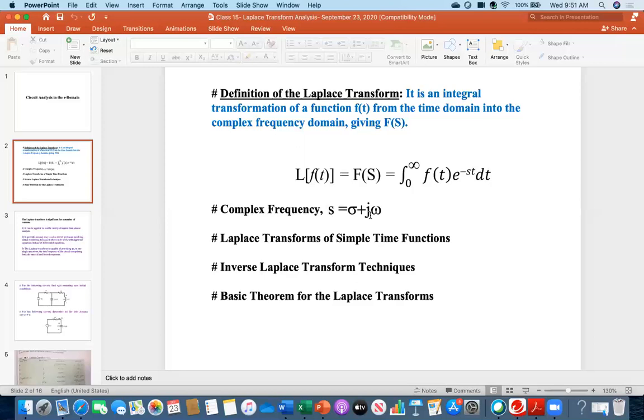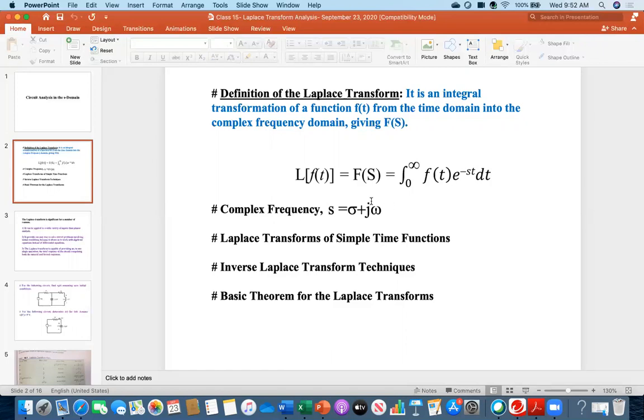Because there is j omega, you can still see that it is the complex frequency. It is called the complex frequency because omega means 2 pi f. So from now on, in any circuit, instead of applying the phasor technique, you can directly apply the Laplace technique.